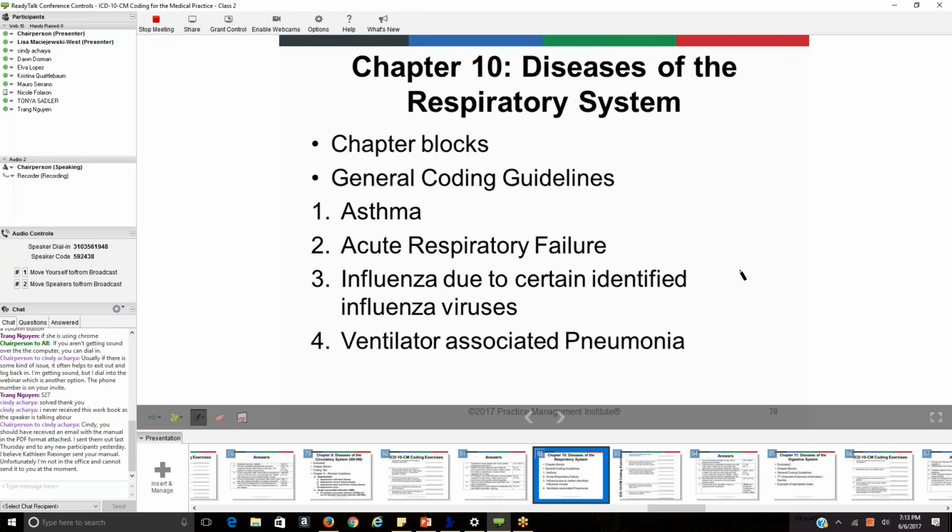So just so you know that, if you have a disease that is caused, it says, code only confirmed cases of influenza due to certain identified influenza viruses from category J09 and due to other identified influenza virus from category J10. Now, this is an exception to the hospital inpatient guideline in section 2. Most of us do not deal with that as far as the hospital inpatient.